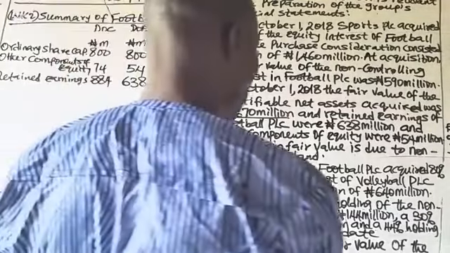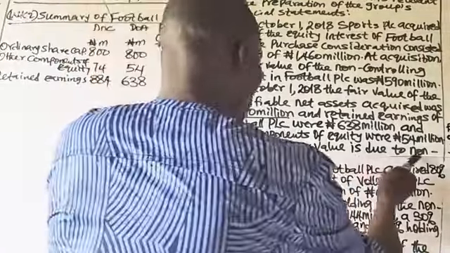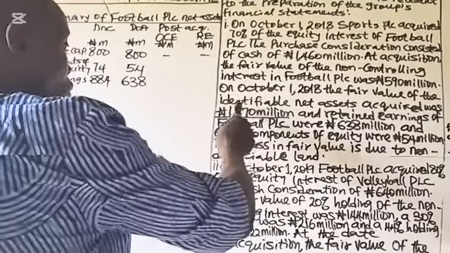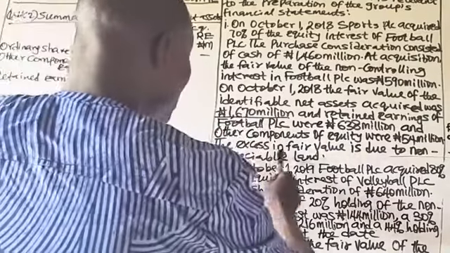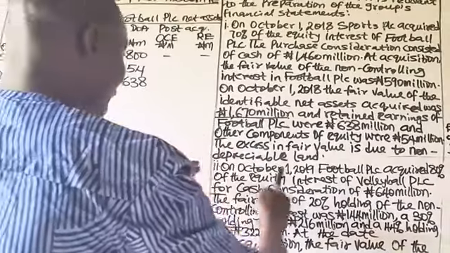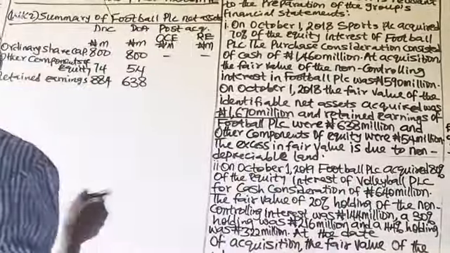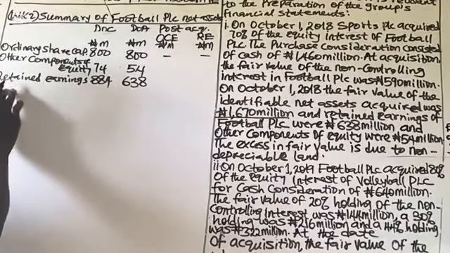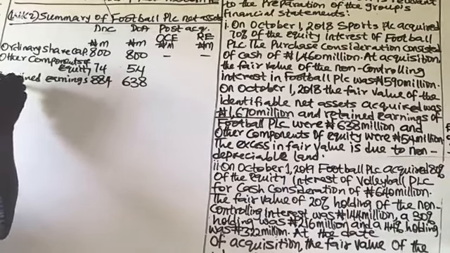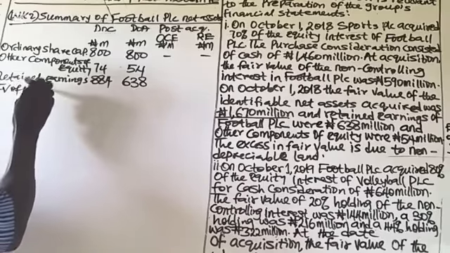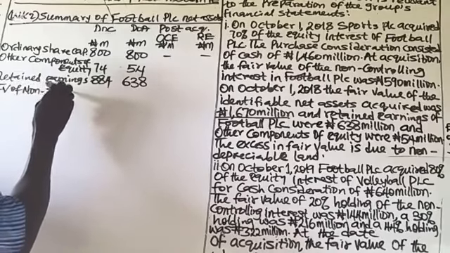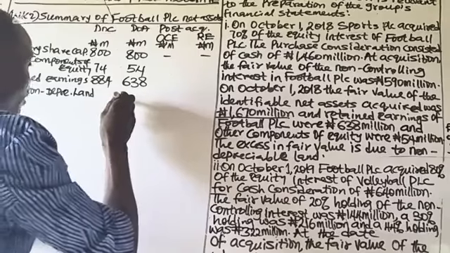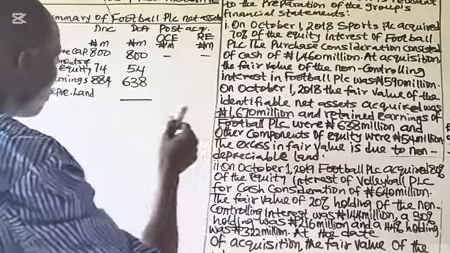You were told the excess in fair value is due to non-depreciable land. Remember, the fair value of net assets should total 1,670,000,000. If there is excess, you attribute it to the fair value of non-depreciable land.